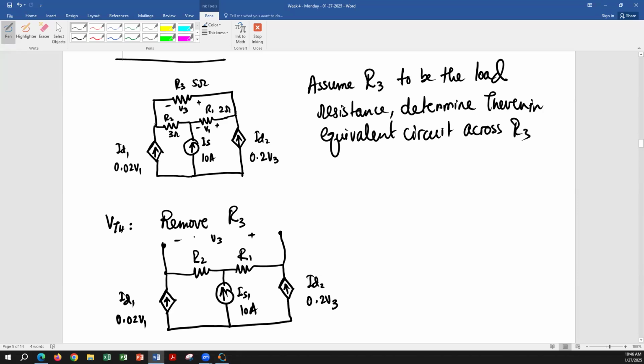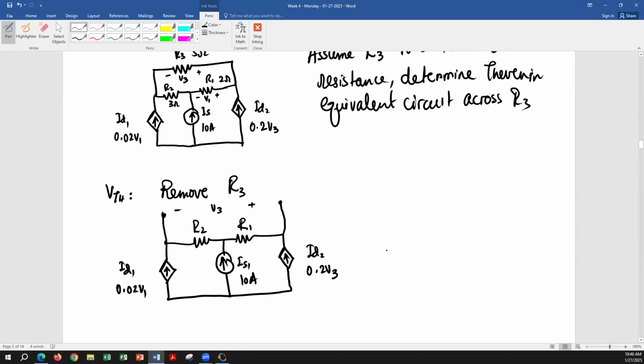So V3 is basically V open circuit. Yeah, R3 we are assuming to be R load. Yeah, that's what I wrote down.